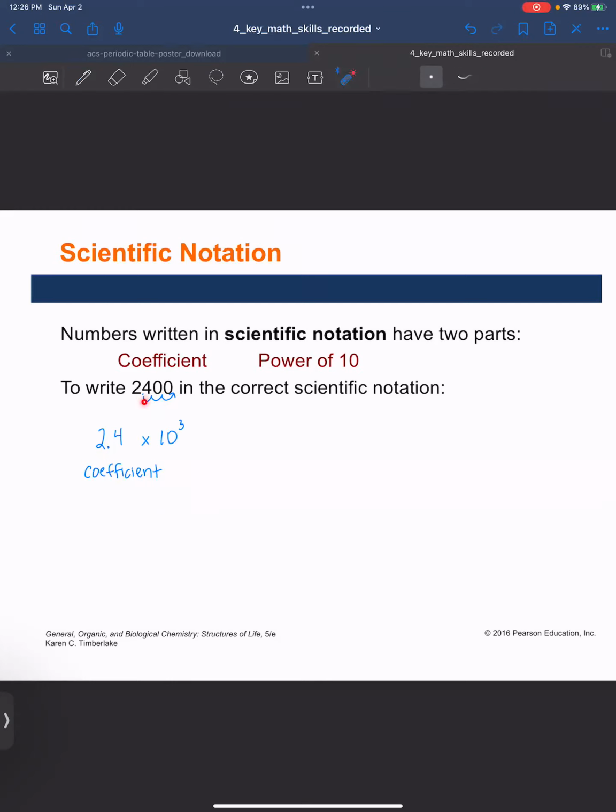So when we make a number bigger, from 2.4 to 2,400, we move it to the right, and the exponent is going to be a positive number. You will see when it's a really small number, we will have to move the decimal to the left, and the exponent will be negative.